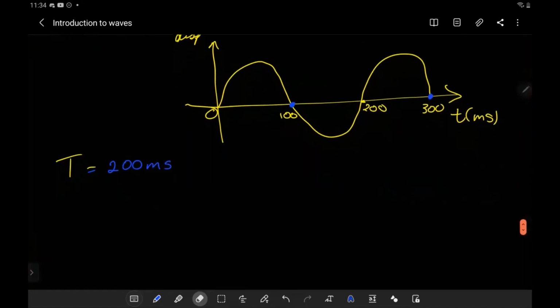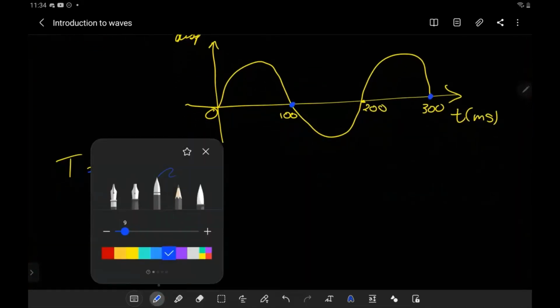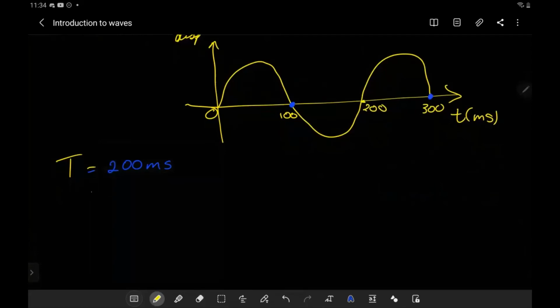Very good. Because remember, milli is 10 to the minus 3. So this is 200 times 10 to the minus 3 seconds, and 10 to the minus 3 means you divide by 1,000. So we have 0.2 seconds. And that is the period. So every 0.2 seconds, the wave will repeat itself.